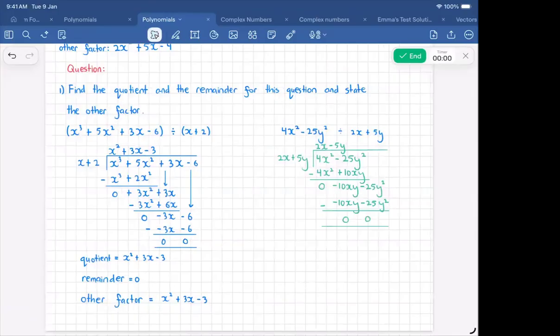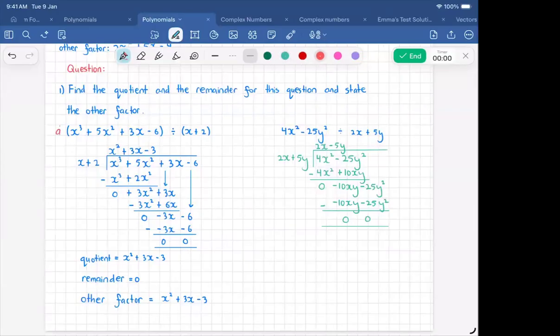Right, so I just add a t over here. I could call this question A, and I could call this question B. So Serena, in this case, the quotient will be what? 2x minus 5y.